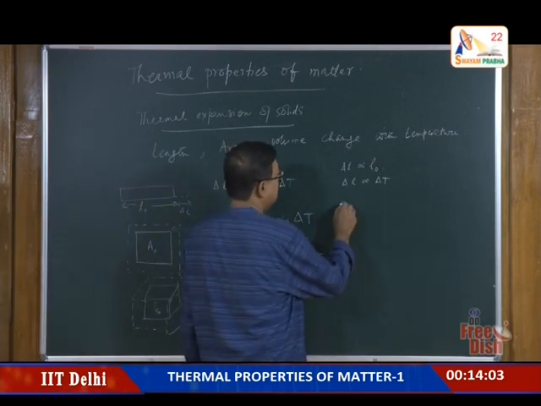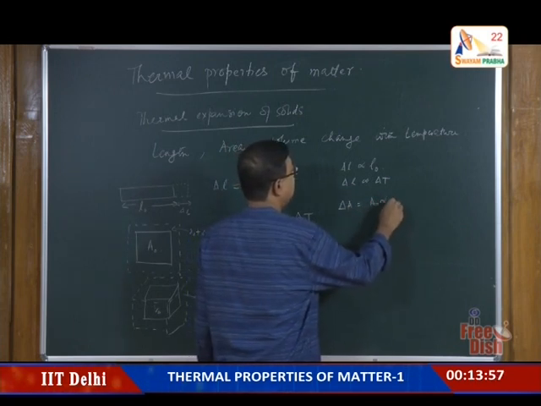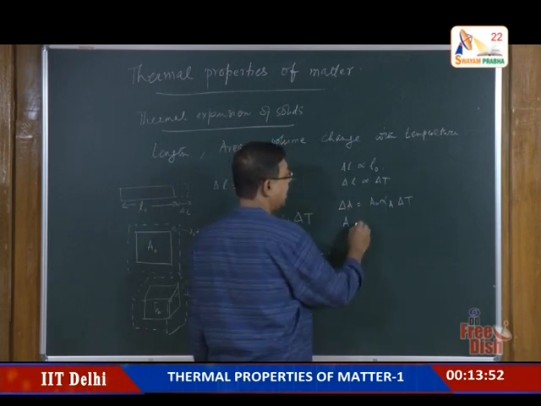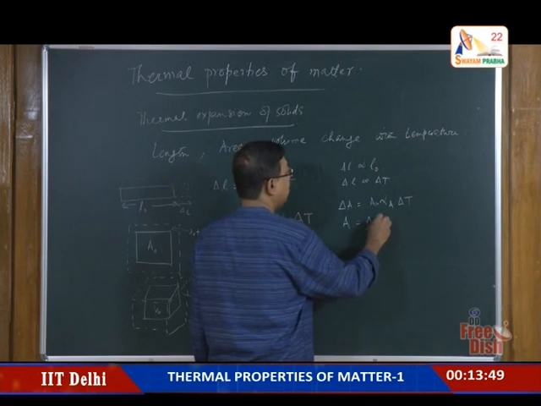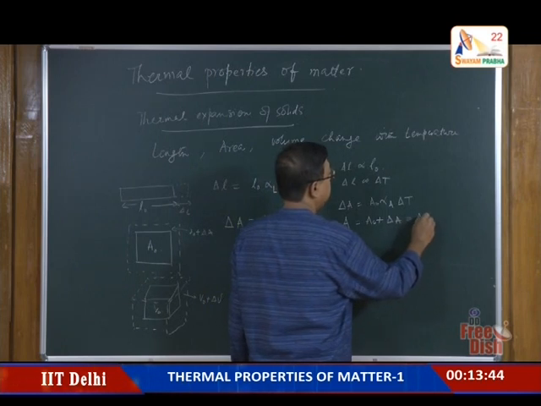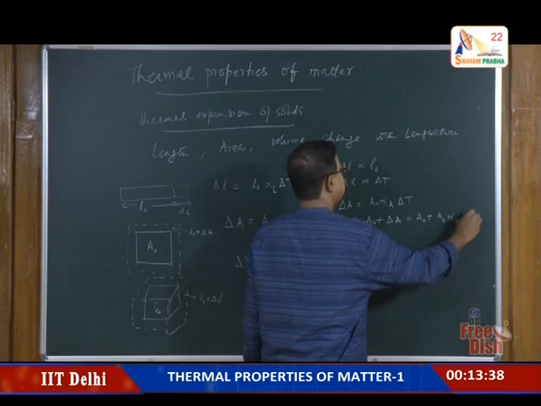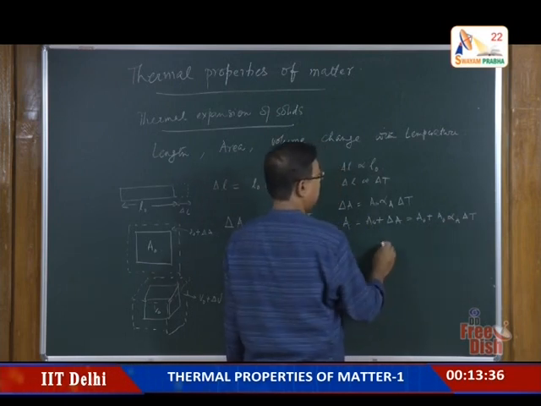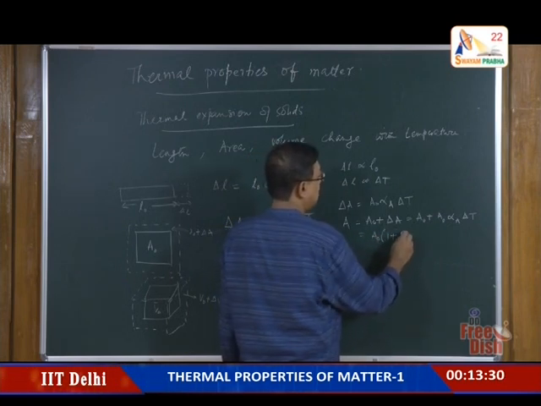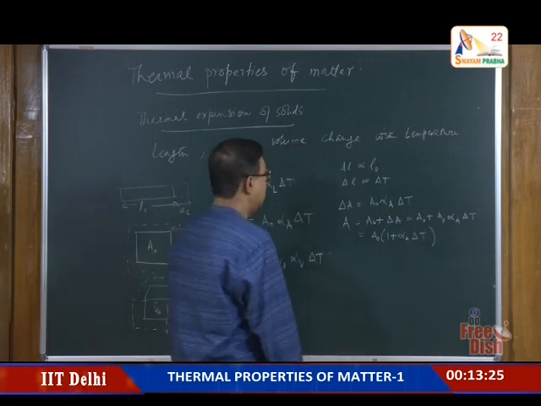Let us take this delta A to be A0 alpha A delta T. So, I can write down the final area A to be A0 plus delta A, which is equal to A0 plus A0 alpha A delta T, and this is equal to A0 times 1 plus alpha A delta T.